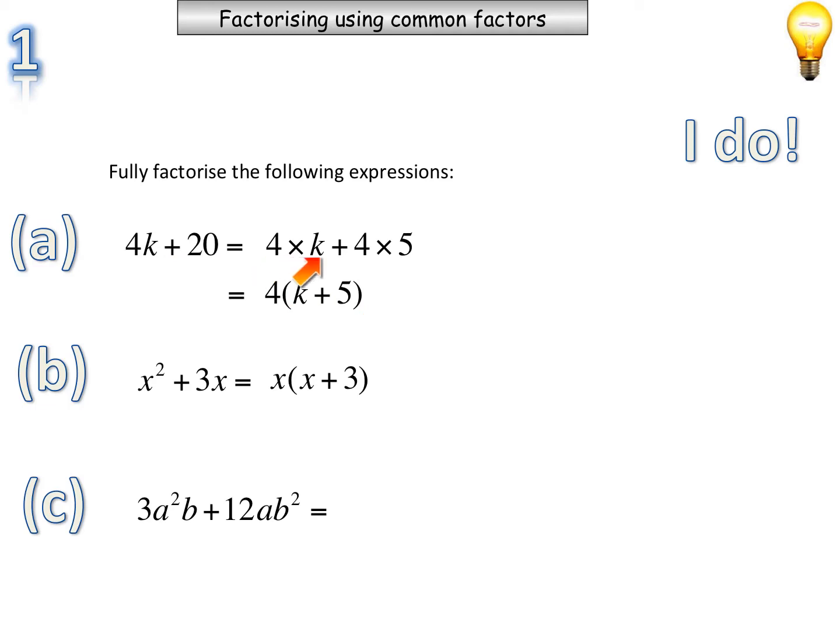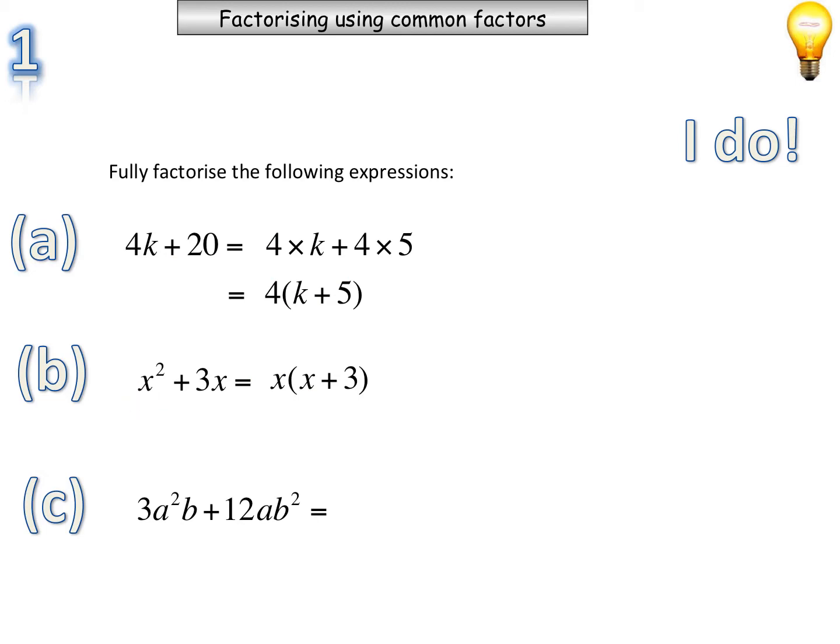Now without doing this line, if I notice that x is in both terms, x can be brought out the front. Then you say to yourself, x times what is x squared? So you get an x. x times x is x squared.